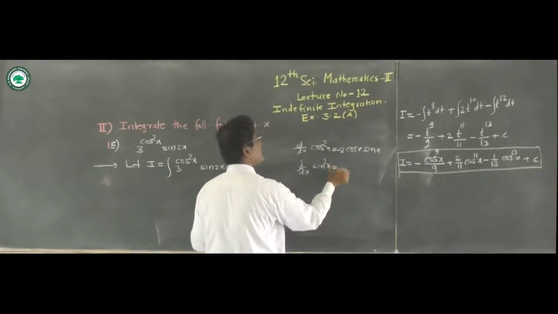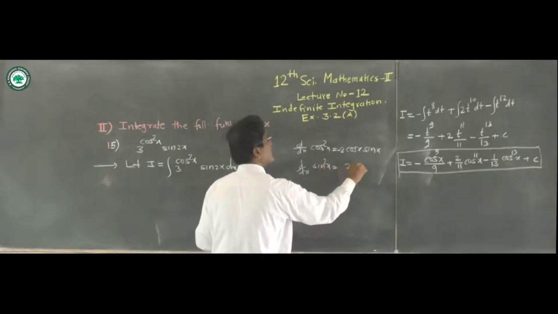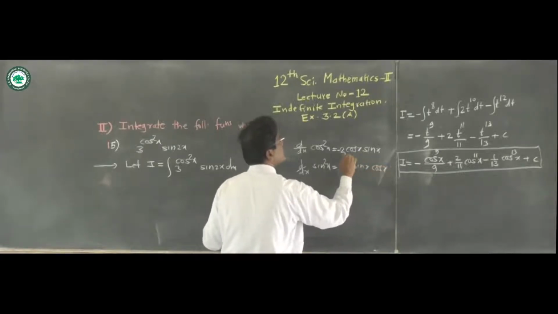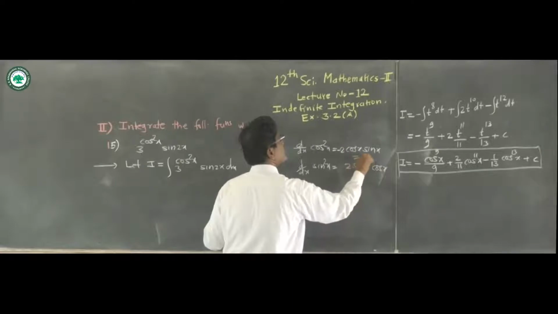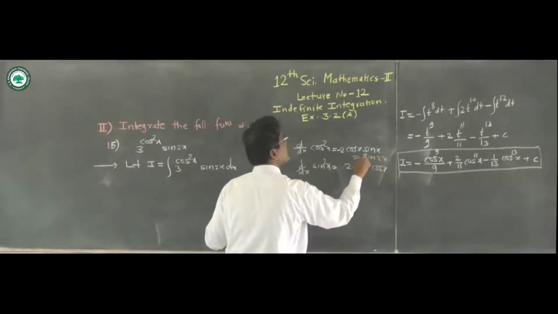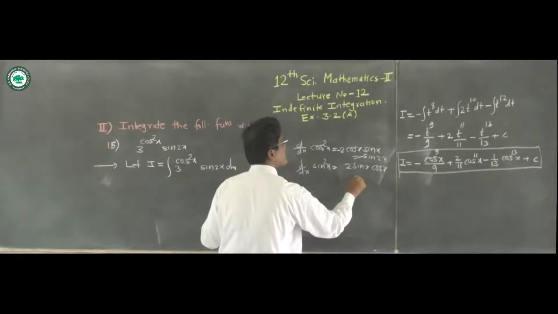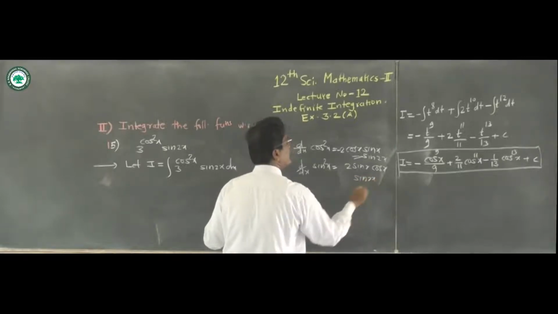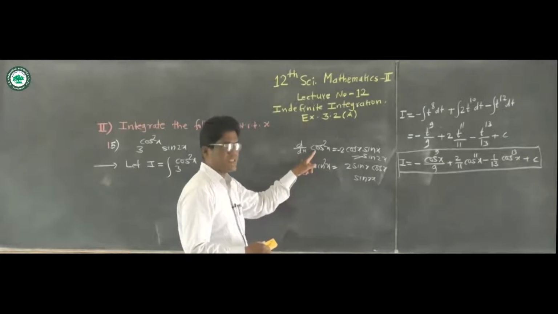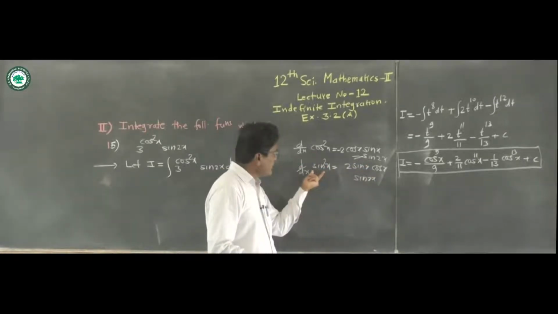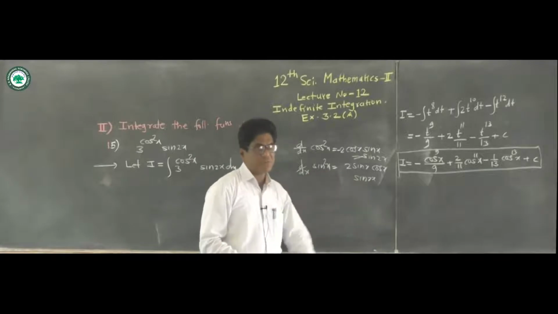And for sin square x, 2 times sin x, and the derivative of sin x is cos x, so 2 times sin x cos x, nothing but sin of 2x. So the derivative of cos square x is minus sin of 2x, or the derivative of sin square x is sin of 2x.